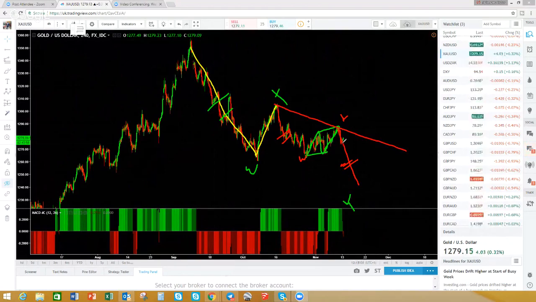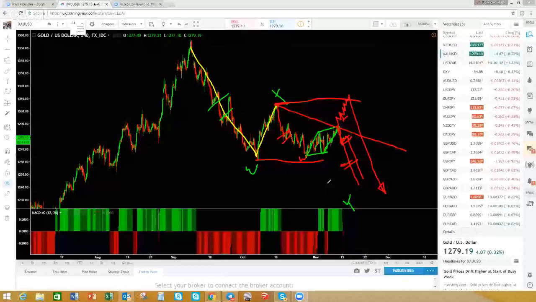Keep an eye on gold. Now, if we get something like a corrective structure like that, what I would have expected with gold was for it to come up here before it goes down. Then that would be a regular flat. If it does that, still no surprise.